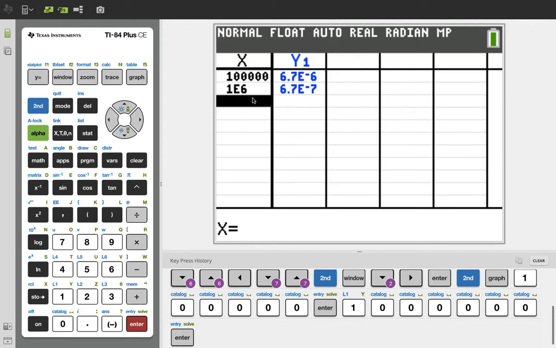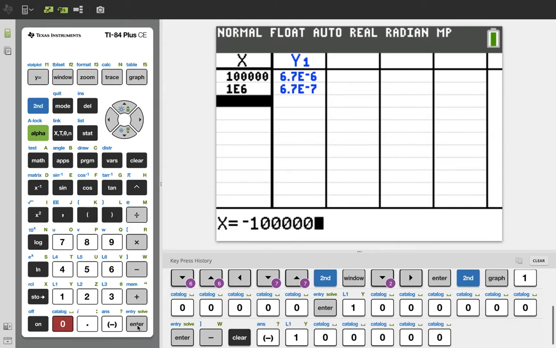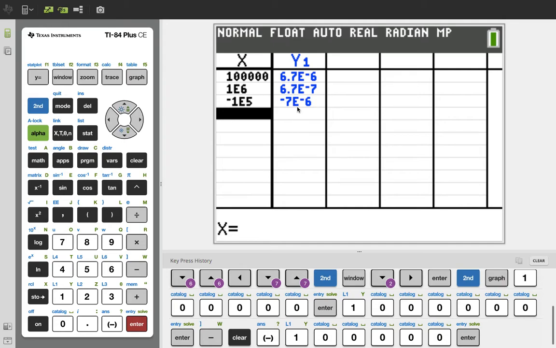Okay? But let's try it in the negative direction. And it's important that you use the negative key down here, not the minus sign. So negative 100,000 gives me -7 times 10 to the -6. So that's 0.000007, which is really close to 0.